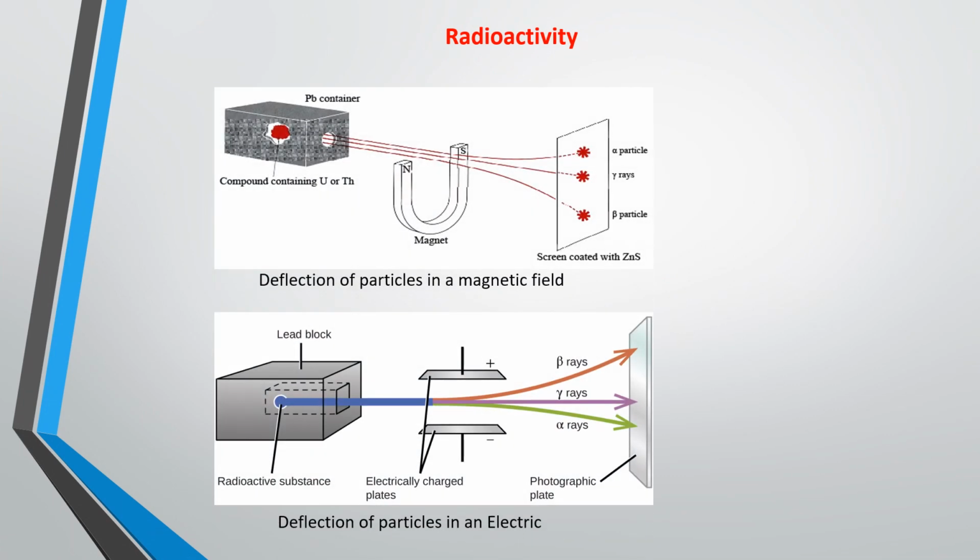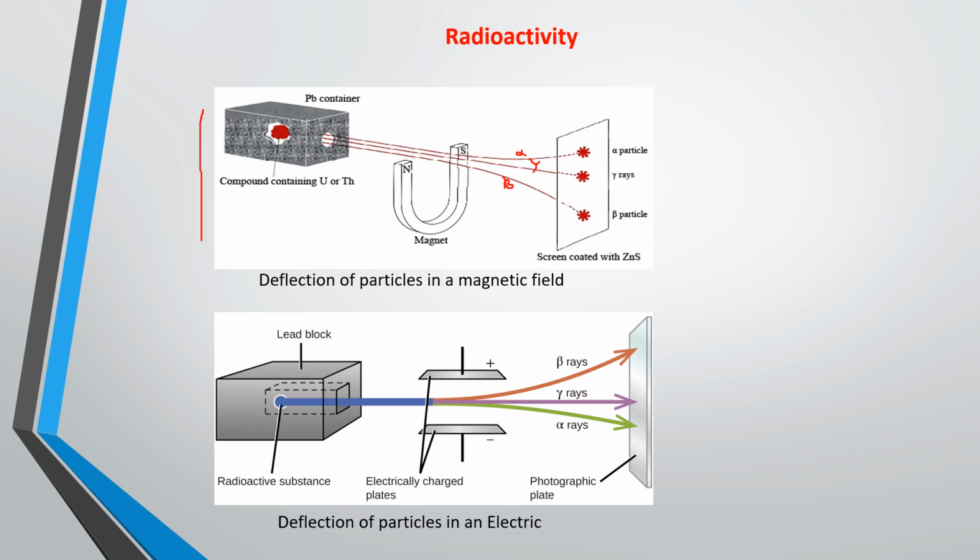So this is what we just discussed. In a magnetic field, this is the behavior of the different particles. Alpha particles will be deflected towards the south pole, while beta particles go towards the north pole, and the gamma rays are not deflected at all.